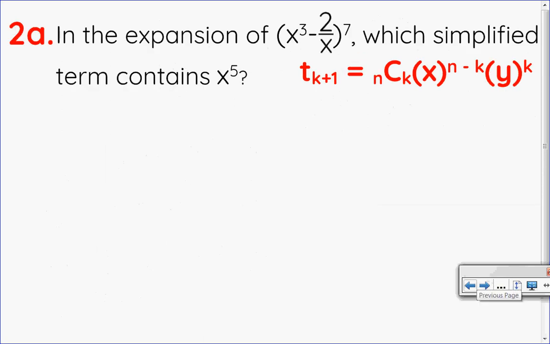Okay, let's try another one. In this one, I have the expansion of this binomial, and when I expand it, one of the terms has an x exponent 5. I want to figure out which term it is. Again, similar thing. I don't know what my general term is, but I'm going to substitute this in. This is my n value, this is my x first term, and this is my y second term.